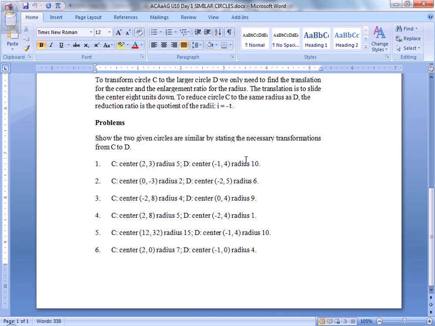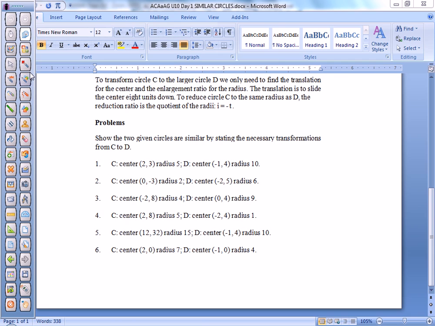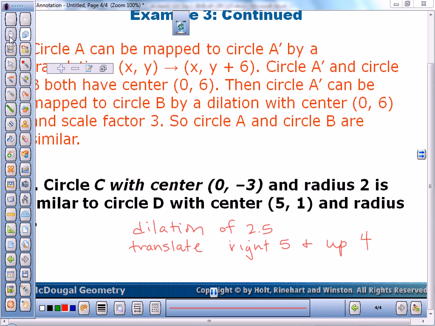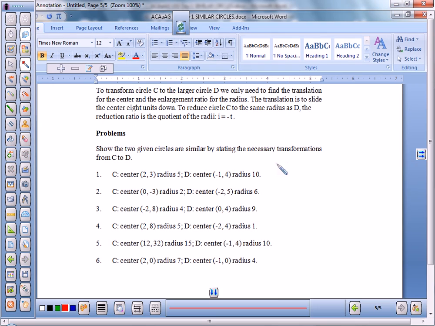Oh, it's a dilation by a small letter. Yes, you're right. Okay, so the first one is a dilation by what? 2. A dilation, actually, if we wrote it out, it would look like this.